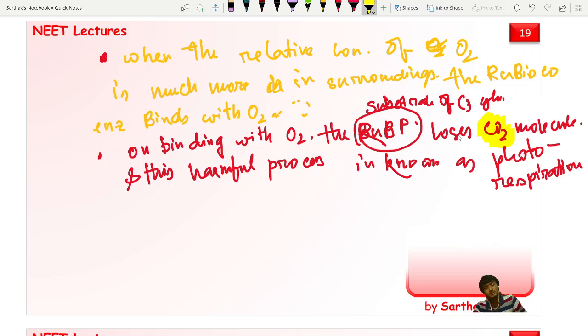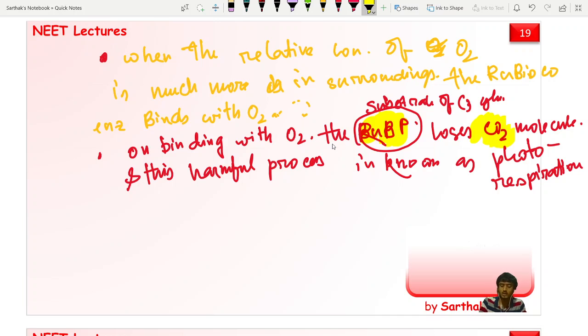In the C3 cycle, if you remember, a CO2 molecule is added, but when the relative concentration of O2 is high, RuBP binds with O2 and loses a CO2 molecule, and this harmful process is known as photorespiration.